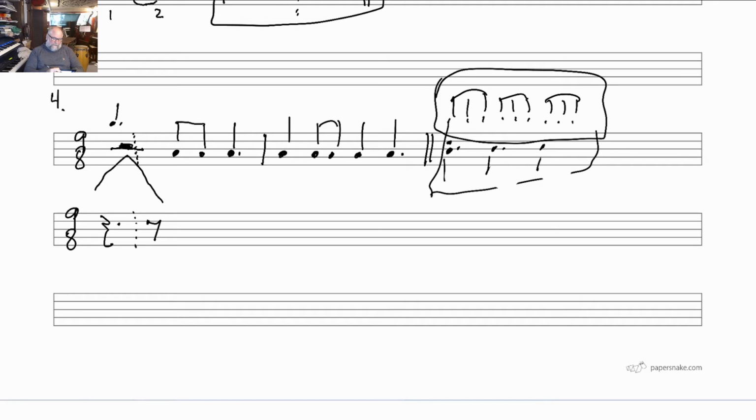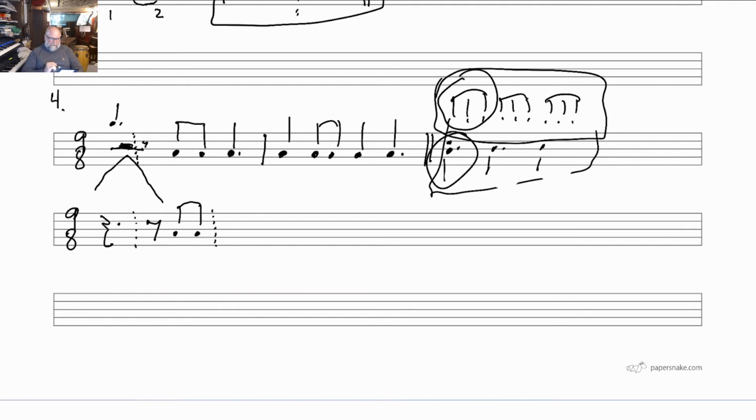Beat 2 now has this little eighth rest there, and then the next two notes that happen are eighth notes, and so 2 eighth notes would do it. 2 eighth notes would complete beat 2.